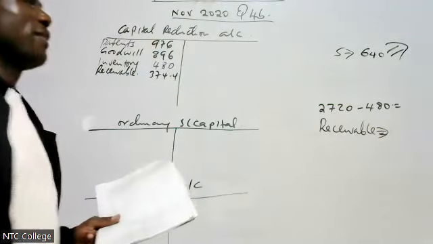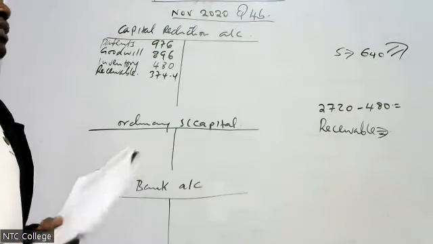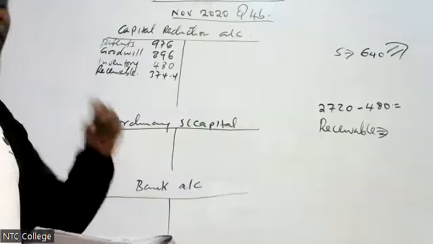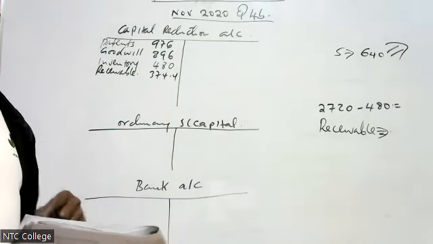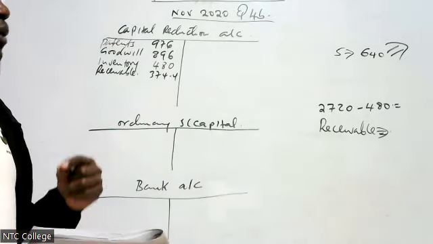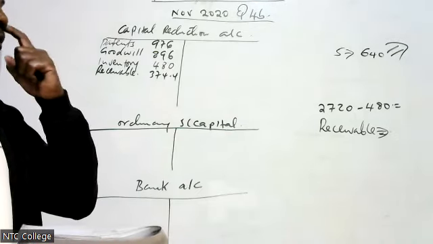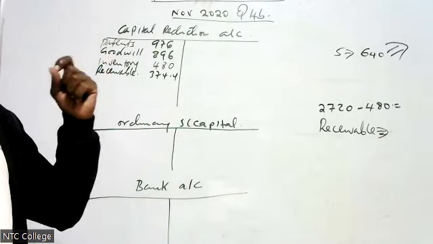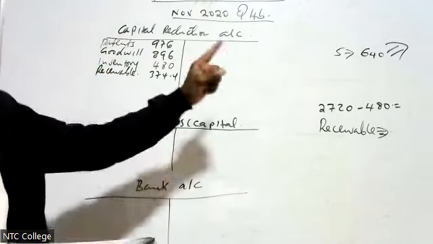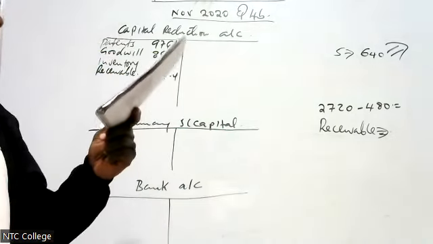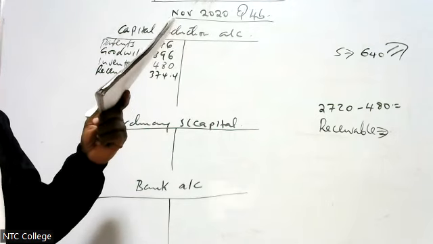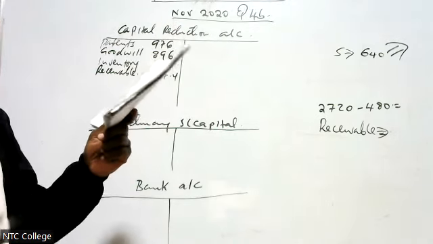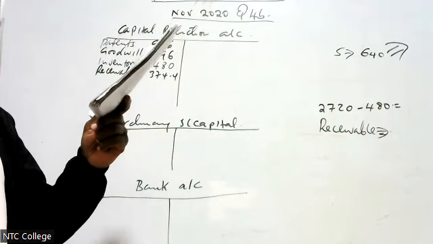Therefore, if we reduce, we want to see that effect. That one will come in when we go to note number 5, where we reduce our freehold. Because after reduction, again we revalue. Freehold is to be revalued, therefore that one we shall revisit when we go to note number 5.